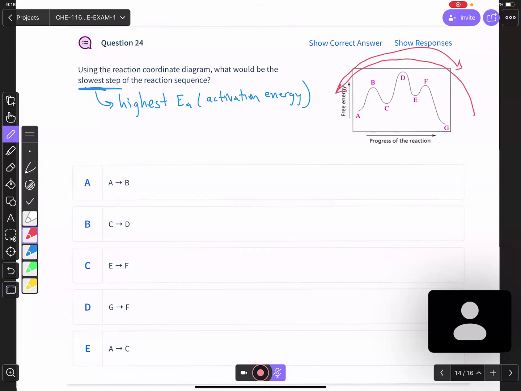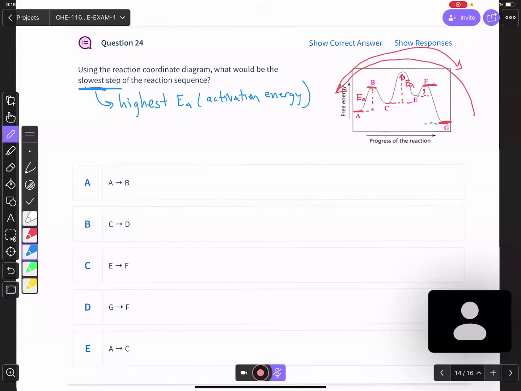And so if we do that, our activation energy is the energy between where we start and our transition state. So there is my activation energy for that first reaction. Here is the activation energy for my second reaction. My third reaction has a small activation energy.